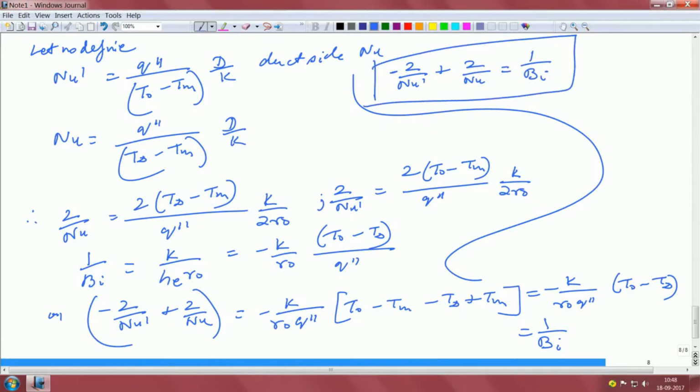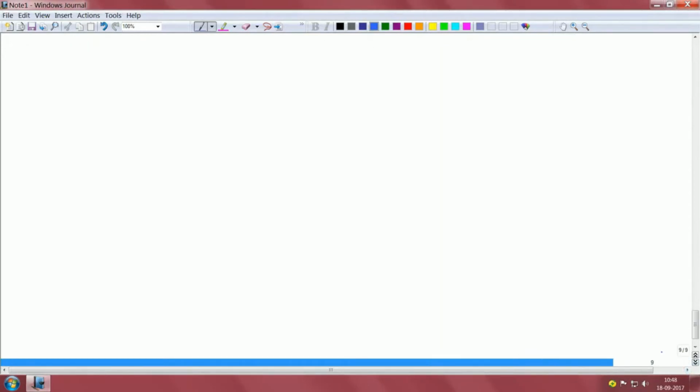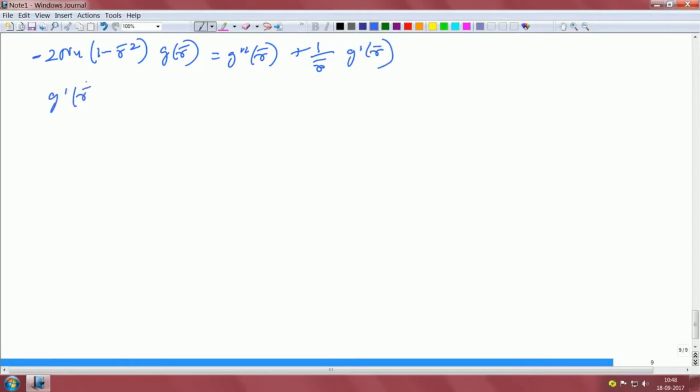So, the final equation that needs to be solved in all these things is basically minus 2 Nusselt number (1 minus r bar square) in G r bar, which is no different than the expressions that we had earlier, subject to the boundary conditions G bar at r bar equal to 0 is equal to 0, G bar at r bar equal to 1 is equal to Nusselt number by 2.